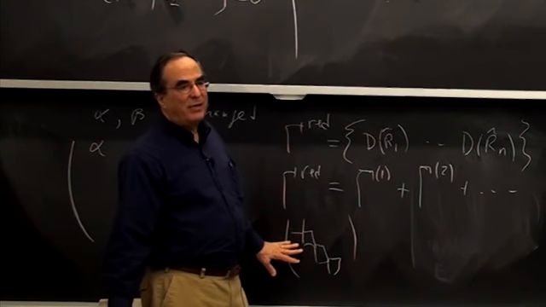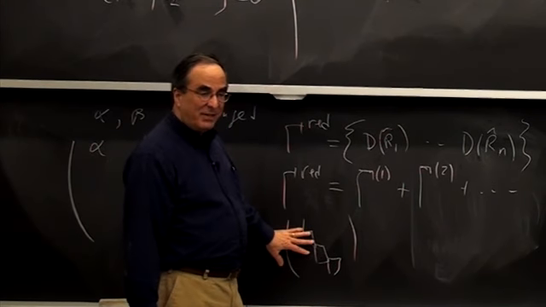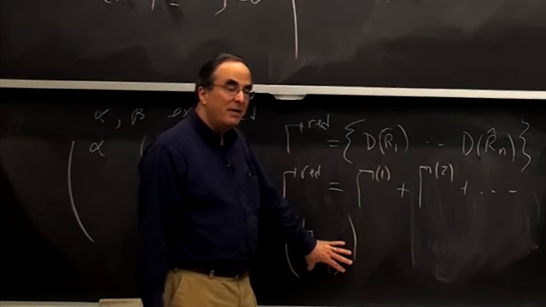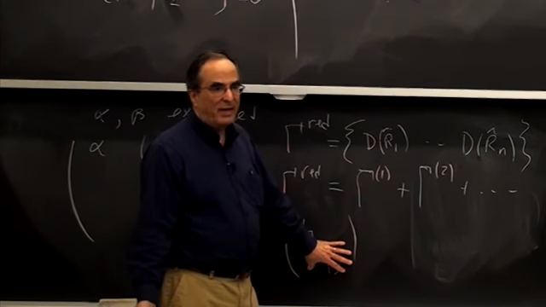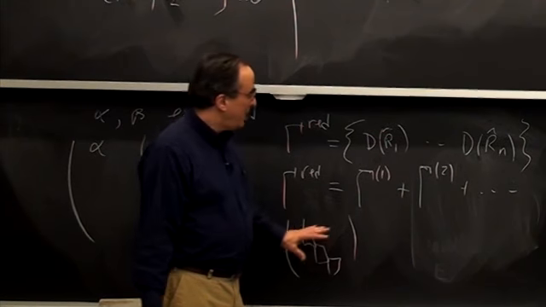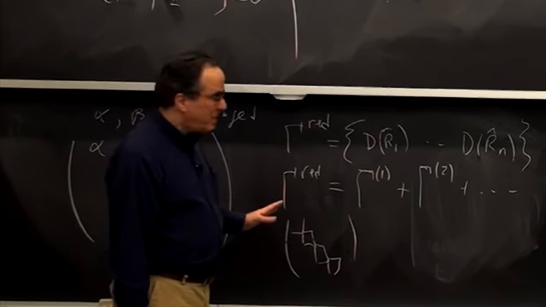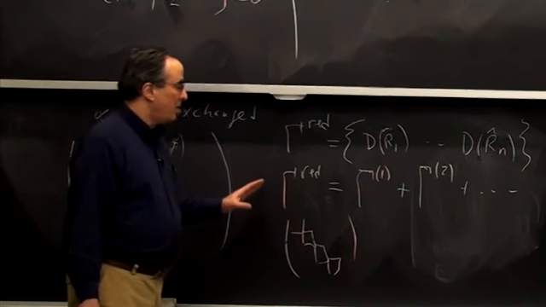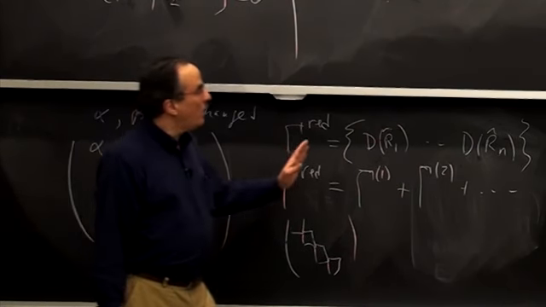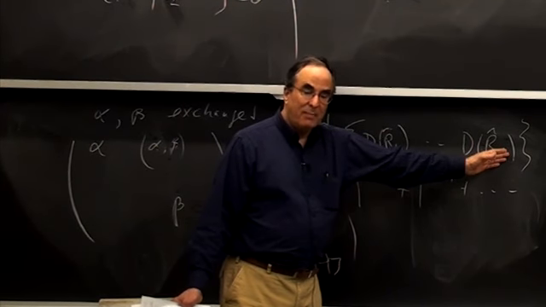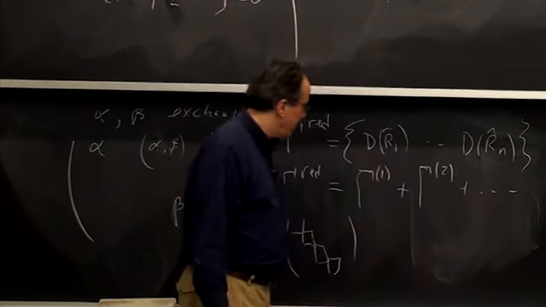Now, you don't know that that's guaranteed. And the only way you can prove that it's guaranteed to be possible to do this is from what's called the great orthogonality theorem. But it is possible to find a transformation that block diagonalizes all of these matrices into submatrices of the same dimension.